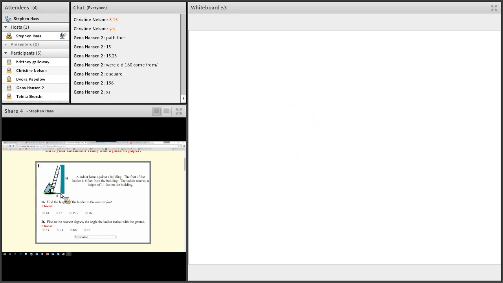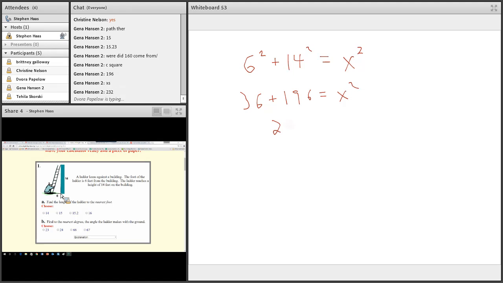So let's do it again, this time properly. So this time we'll put 6 squared, which is one side, plus 14 squared, which is the wall, equals the ladder squared, because the ladder's the hypotenuse. So 6 squared is 36, plus 14 squared is 196, equals x squared. 36 plus 196 is 232 equals x squared.